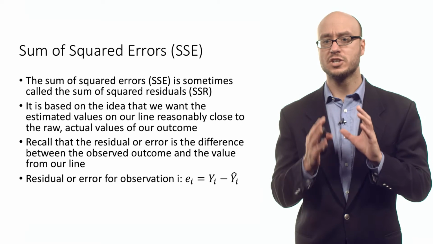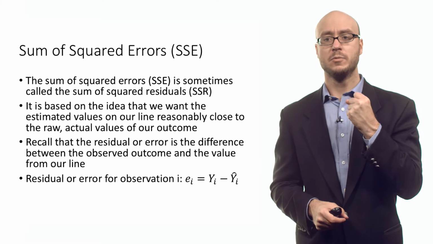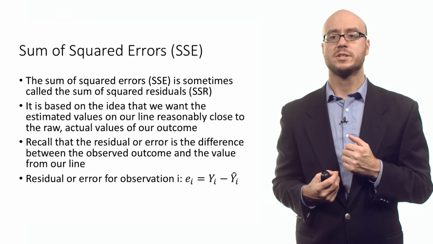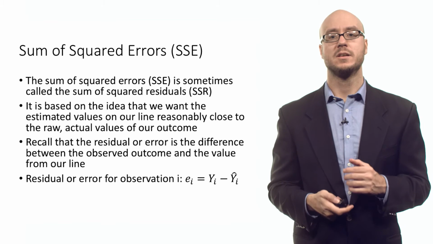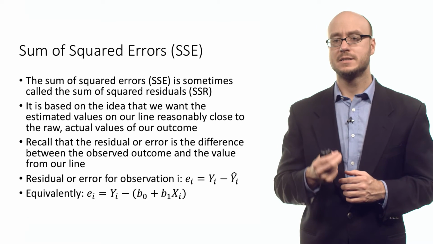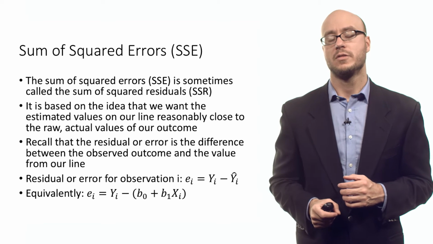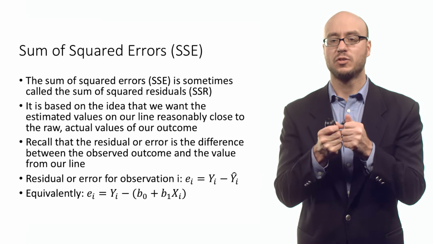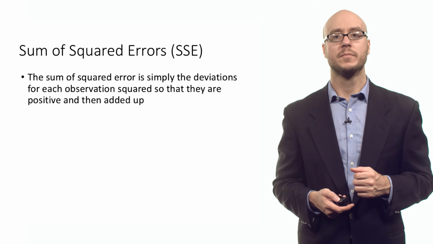So the residual error for each observation, for each row of our data set, is our raw value minus the fitted or predicted value. So it's y minus y hat. That is the residual error for each observation. And that y hat is based on the intercept plus the slope times the raw value of x. That's where we get the y hat, the fitted or predicted value of our outcome.